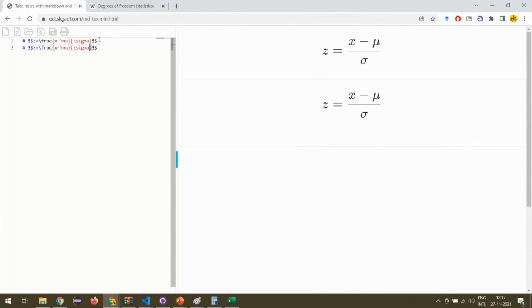X will be equal to sigma times Z. Usually we put constants before the variable, so sigma Z, and then plus mu, right?